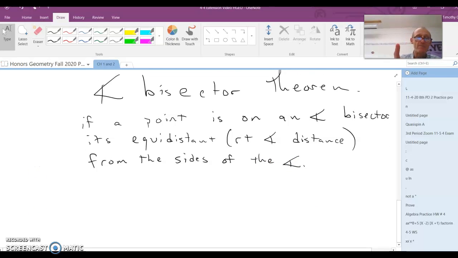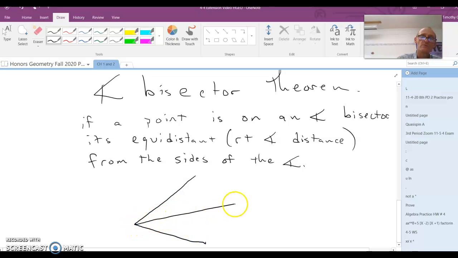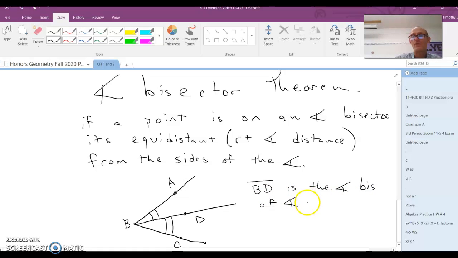So what that means is this. Here's an angle, and here's an angle bisector. I'm going to put an A here, B here, a C here, and a D here. So BD is the angle bisector of angle ABC.